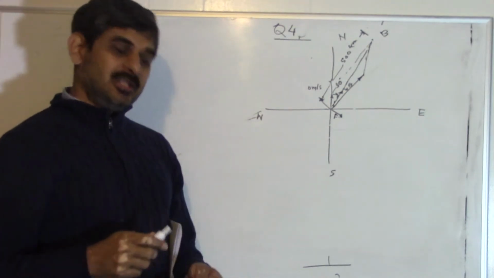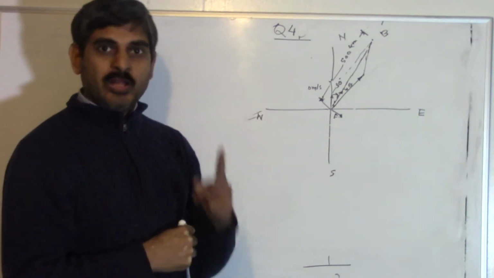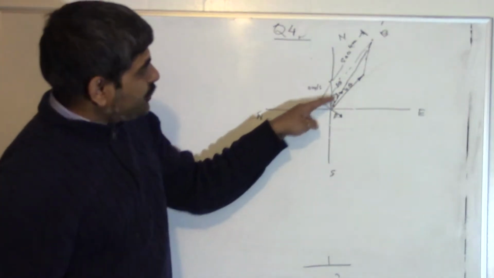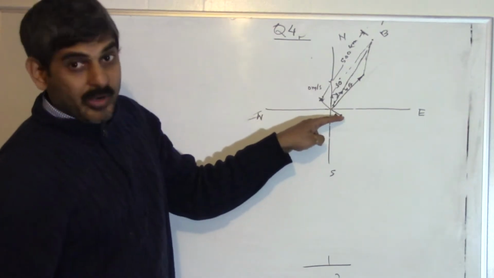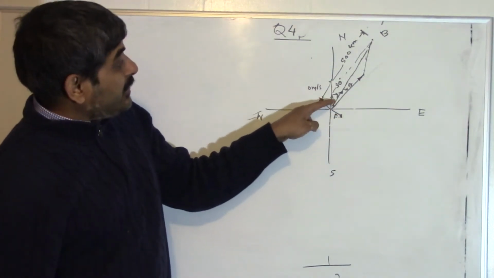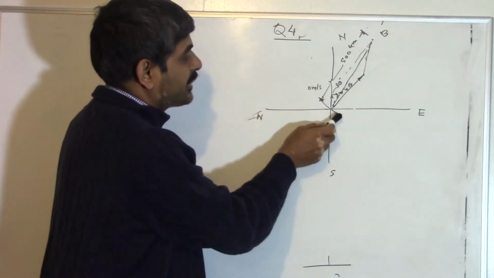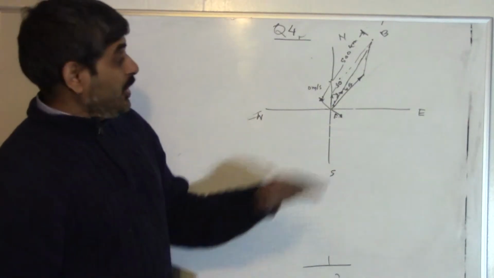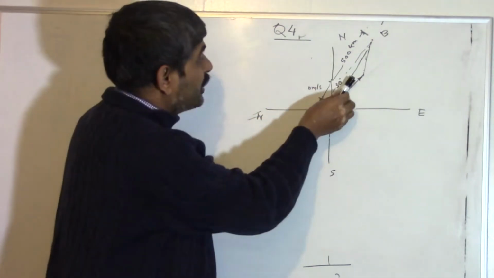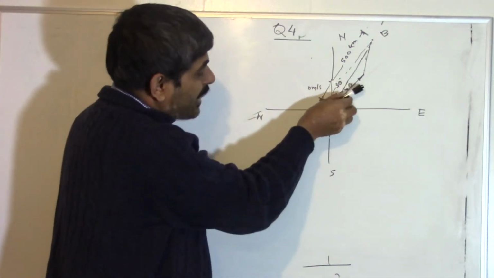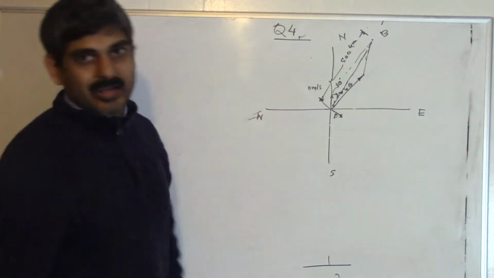And then three things can happen. One is that if this component is more than this component of the wind in this direction, the plane will drift a little to the right of its desired direction.